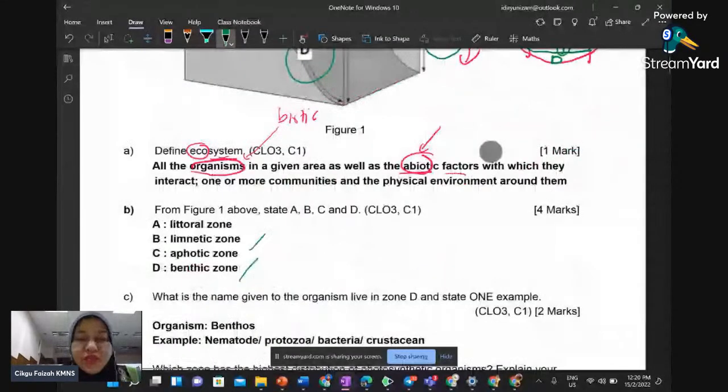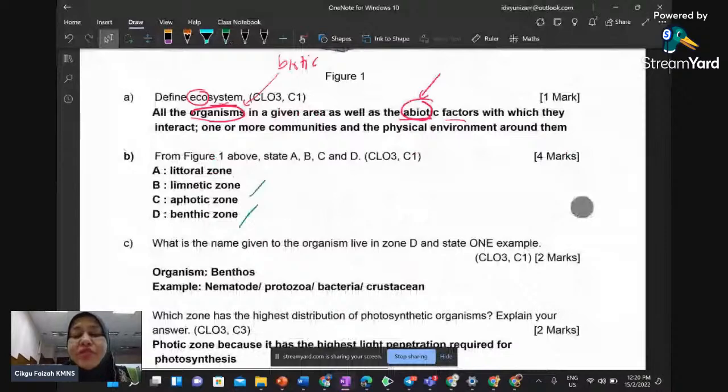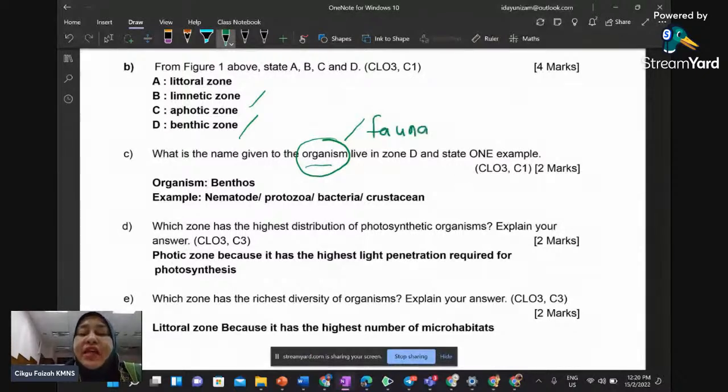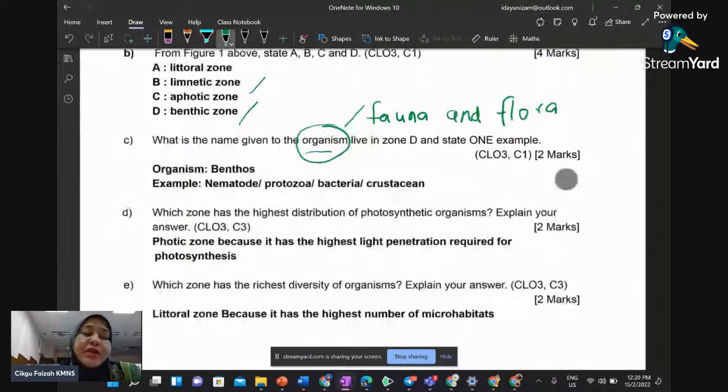Kalau you have anything you want to ask me, you just drop in the meeting chat box, teacher akan tengok. Like teacher mention tadi, ecosystem is learning about living things dengan non-living things, biotic and abiotic. So you need to know a few examples of biotic components, which is organism, which involve fauna, which is animal, and flora, which is plants.